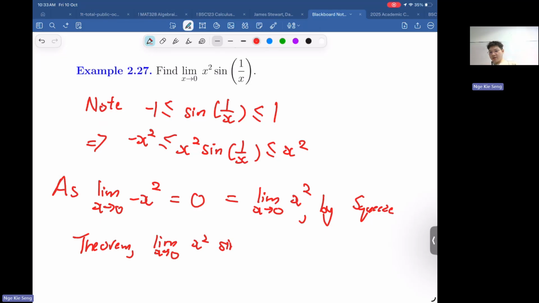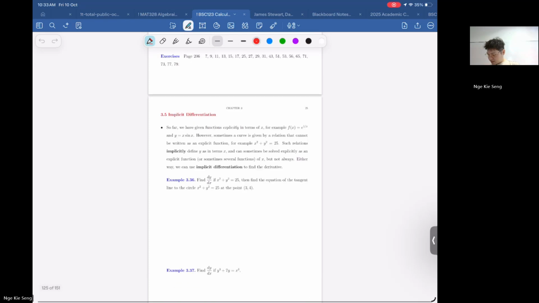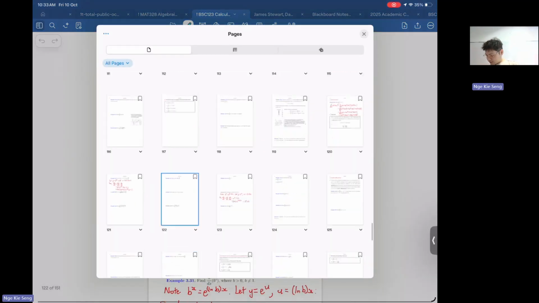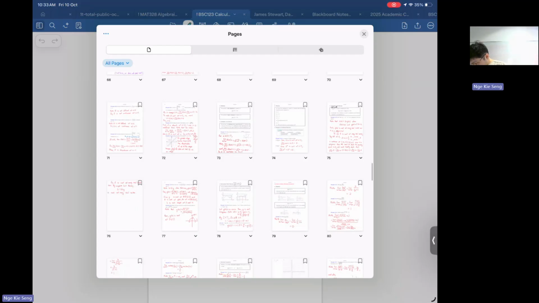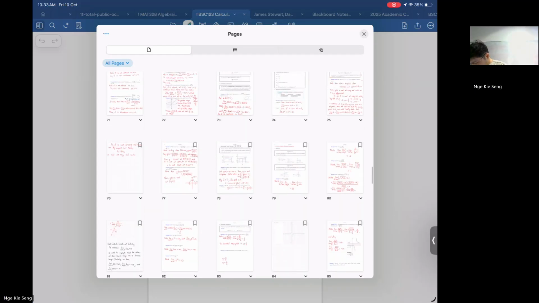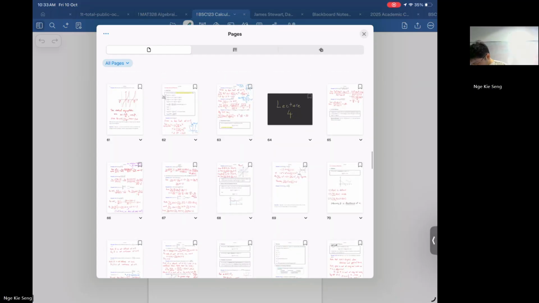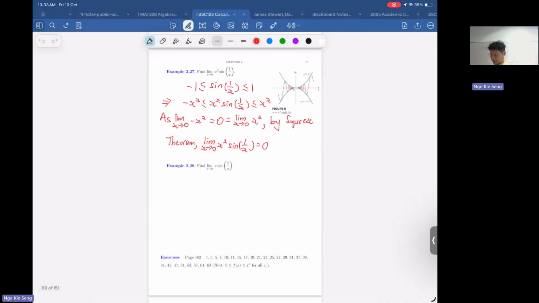So what's the picture here? I think I got a picture here. Let me show you the picture. The picture is like this.